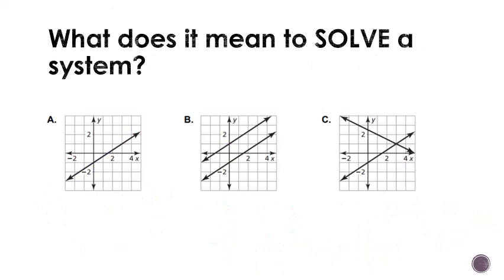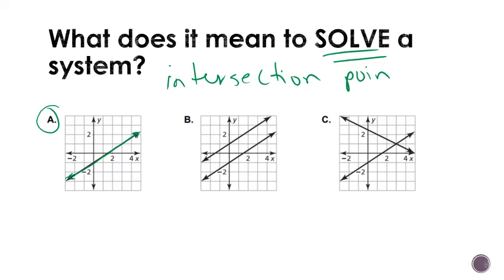Okay, so why do we care about that? We care about that because that determines how our answer looks. So in the case of A, when I had one line and then another one right on top of it, I'm looking for the points of intersection. So that's what it means to solve a system, is the intersection points, or point. Usually, more times than not, it's going to be 1 point.